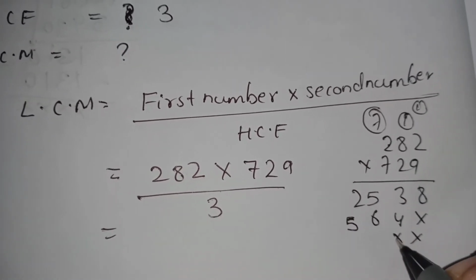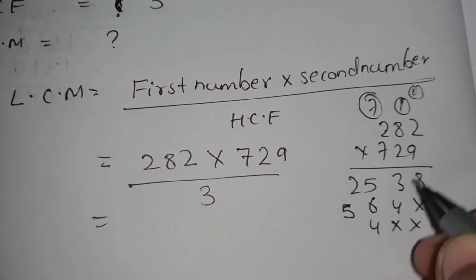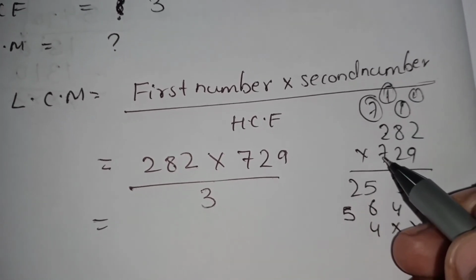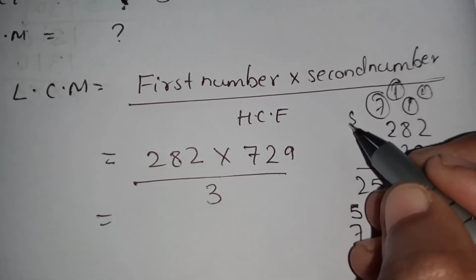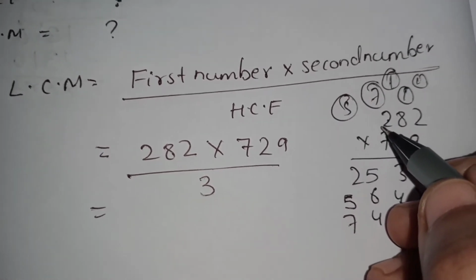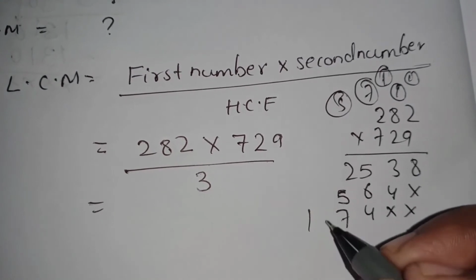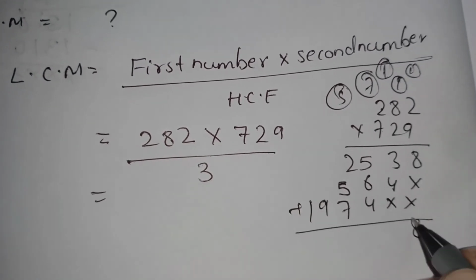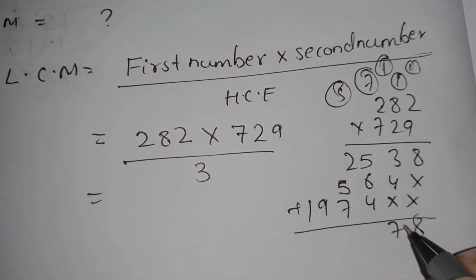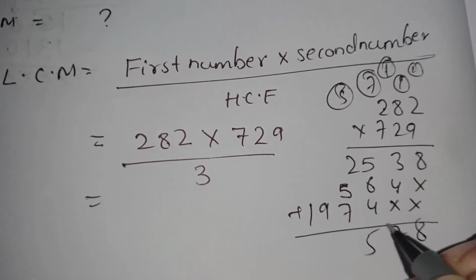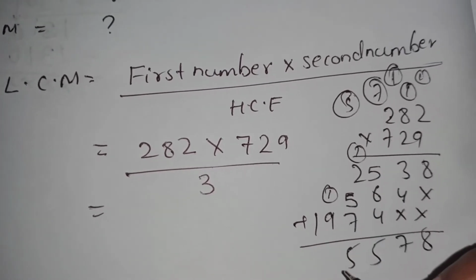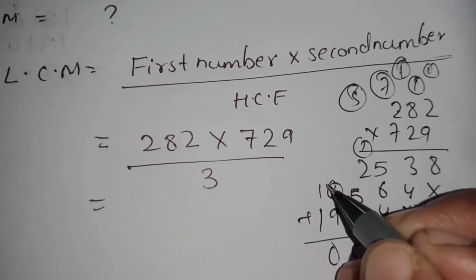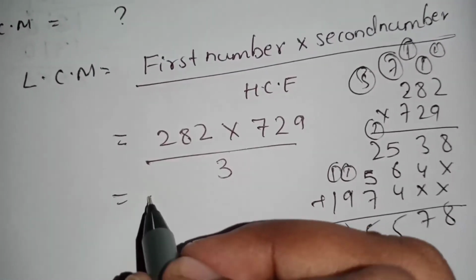Now the next one, 7 times 2 is 14, 4, 1 carry, 7 times 8 is 56, plus 1 is 57, 5 carry, 7 times 2 is 14, plus 5 is 19. Now add it.